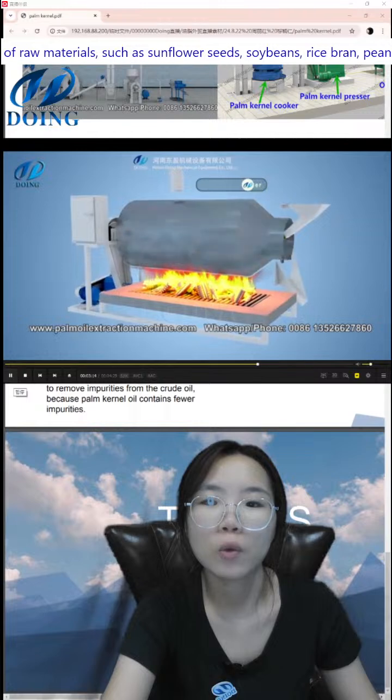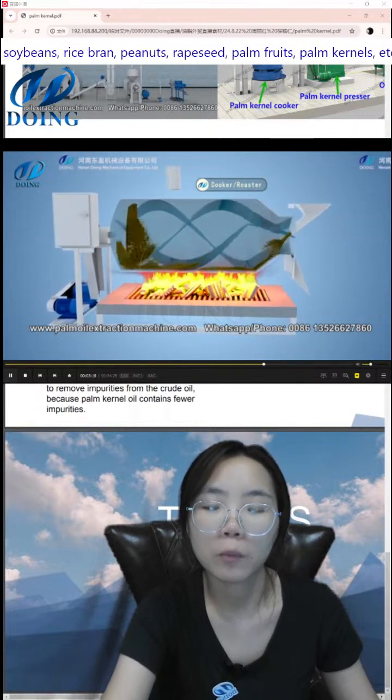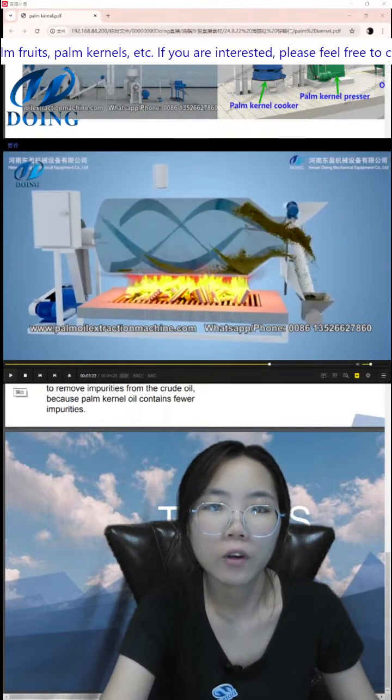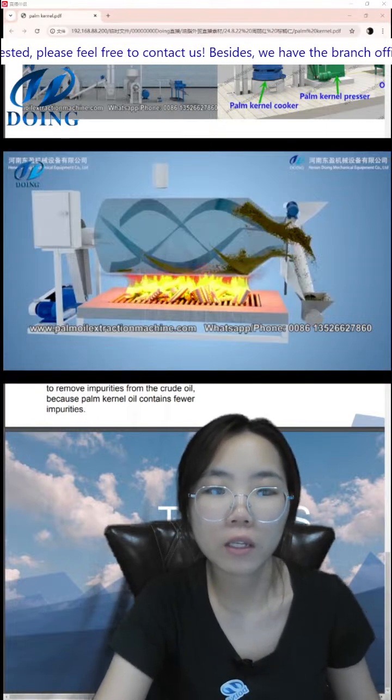And in this cooker, the temperature and the water level can be adjusted. If the material is too dry, a certain amount of water needs to be added.